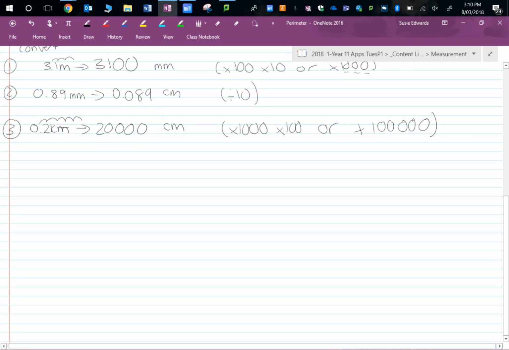So we are just going to look at circumference, which is the perimeter of a circle, and perimeter of sectors, because these are probably the hardest bit of perimeter, really.